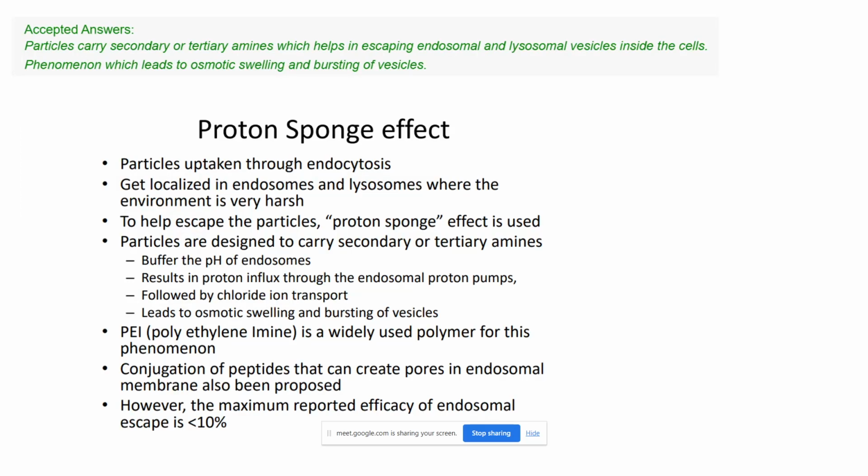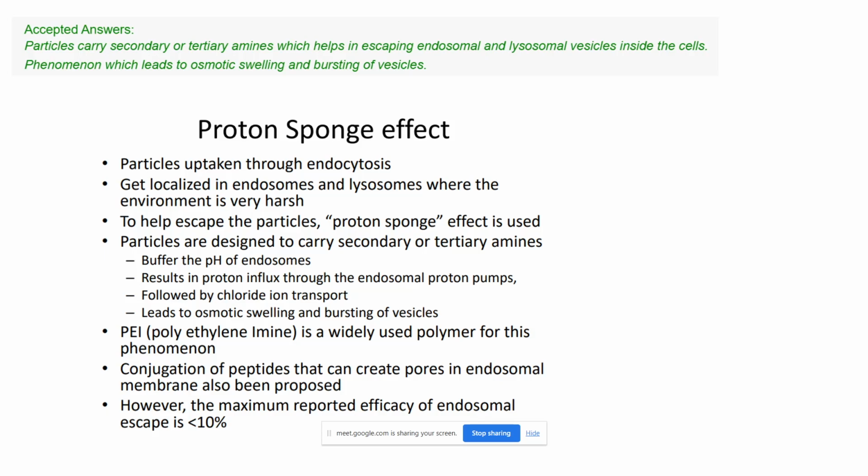So basically what is happening is, when we are delivering particles inside the body, the cells, basically immune cells mostly, take up these particles. Now they are in the cytoplasm, but since these are taken through endocytosis, a vesicle will form, which is basically endosomal, and if it fuses with the lysosome, it's inside a lysosomal vesicle.